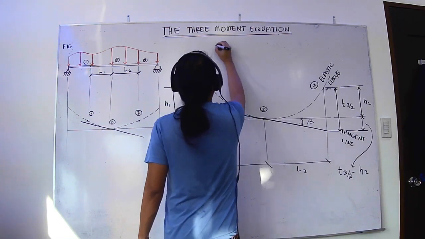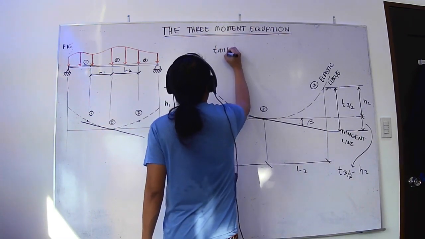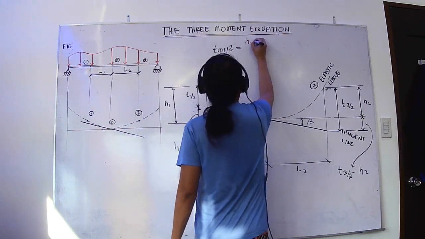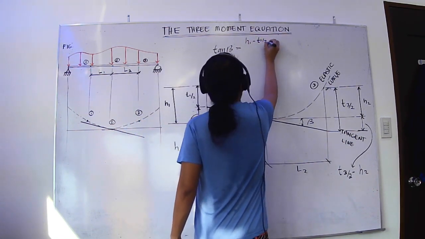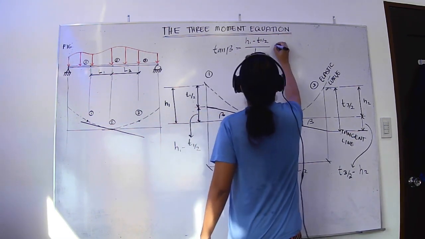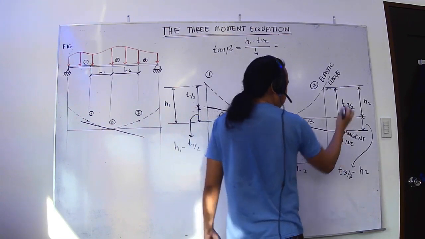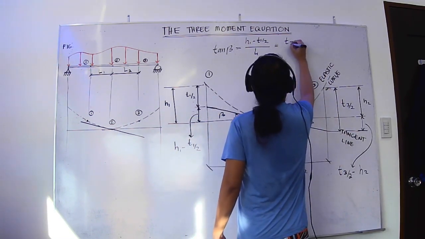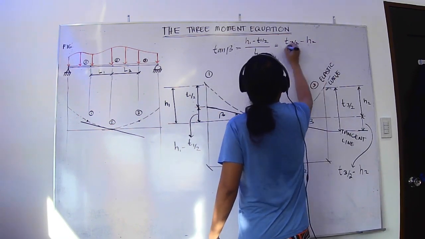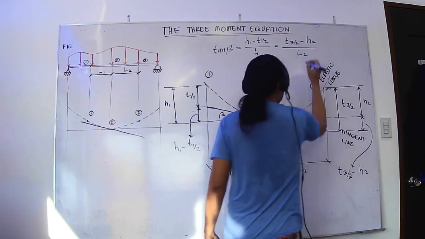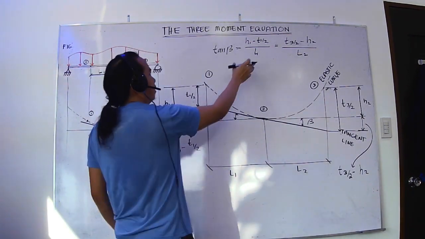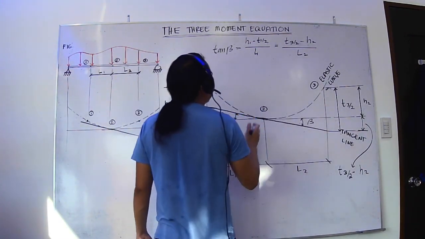And I can just say tangent beta is equal to opposite, which is equal to H1 minus T12 divided by L1. Also consequently equal to T32 minus H2 over L2. Okay? So basically we take the formula from similar triangles.